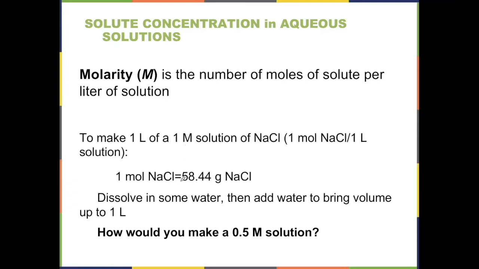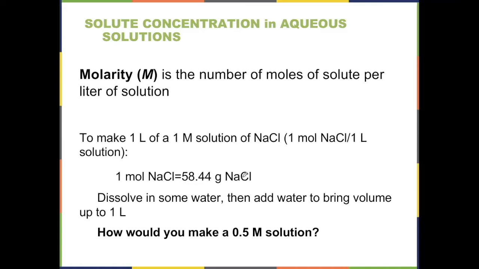What we would do is we would weigh out 58.44 grams. We would add it to some water and mix it up so that it dissolves, because remember, this is an ionic compound, so water should be able to dissolve it. And then you add some more water until the total volume of what you have is 1 liter. So that's how you would make 1 liter of the solution.